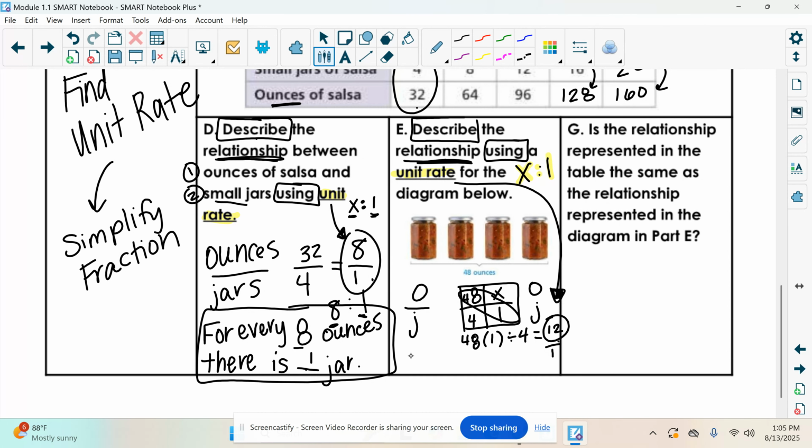For every, how many ounces? For every blank ounces, there are, or there is, blank jars. How many ounces did we find? 12 ounces. There is how many jars? 1 jar. Isn't that what we said? 12 ounces, 1 jar.